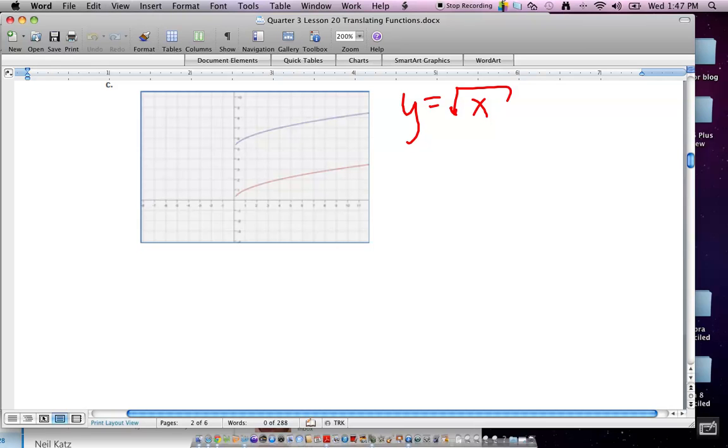How did it get moved? Up. Up how many? I think it's 5. It went up 5. Is this vertical or horizontal shift? Vertical. So it's y equals square root of x plus 5. Are you getting the idea that this is pretty easy to recognize? All right, let's go to the next one.